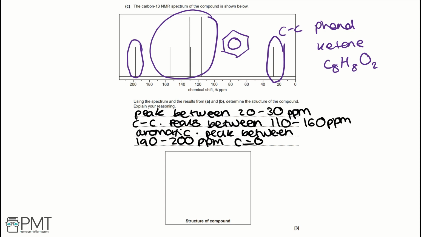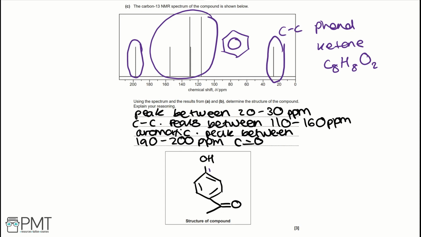Then for our structure, we can start by drawing a phenol because we know that that's going to be in our compound. Here, I've drawn a phenol, and then we need to draw our ketone. Here, I've drawn our ketone. Now we need to do a bit of checking. First, we need to check that we've got 6 carbon environments.